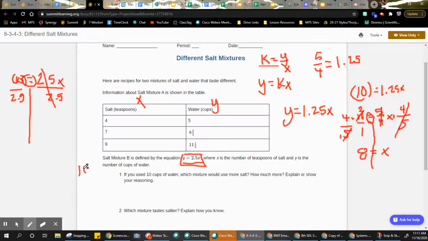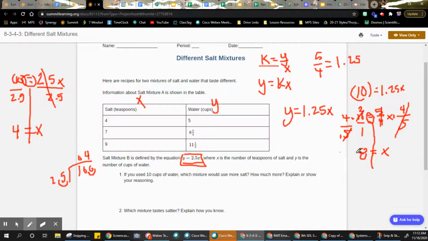So now I'm going to do 10 divided by 2.5. I'm going to move my decimal place one place to the right. That's going to give me 25. 25 cannot go into 10, but it's going to go into 100 4 times. So I'm going to have 4 teaspoons of salt.